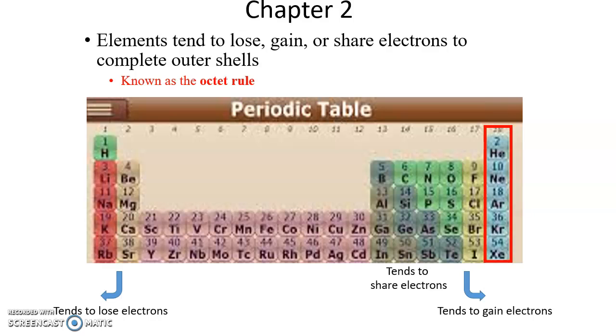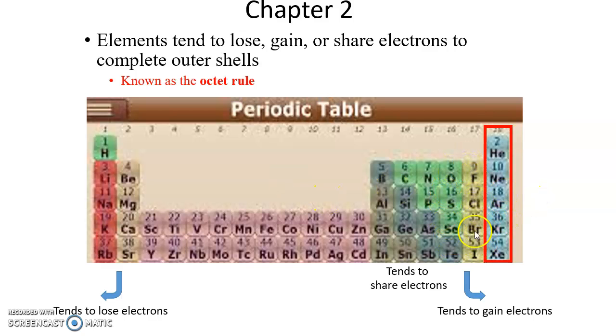And it turns out that all other elements want to be just like the noble gases. It's kind of like the noble gases are like the Kardashians, right? Everybody wants to be like them. So elements that have only 1 or 2 electrons in their outermost shell tend to lose electrons. That means their outermost shell goes away, leaving behind a new outermost shell, the smaller one that has a complete, full number of electrons.